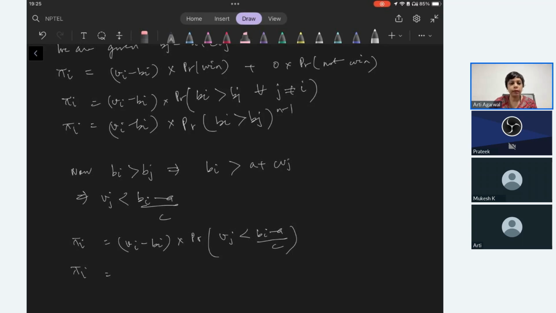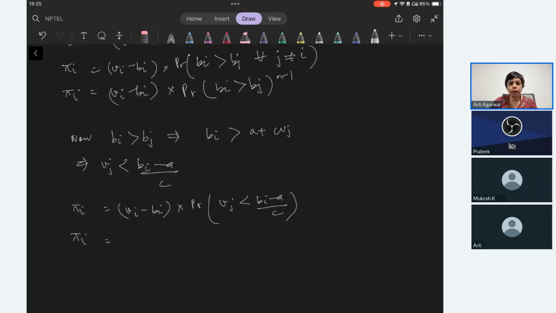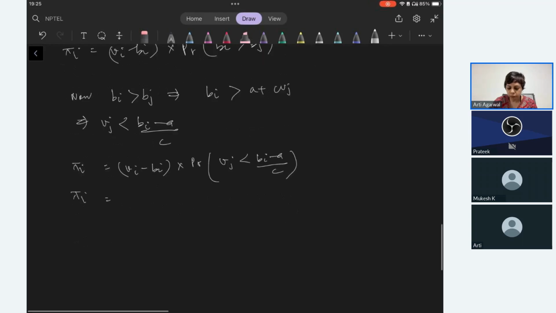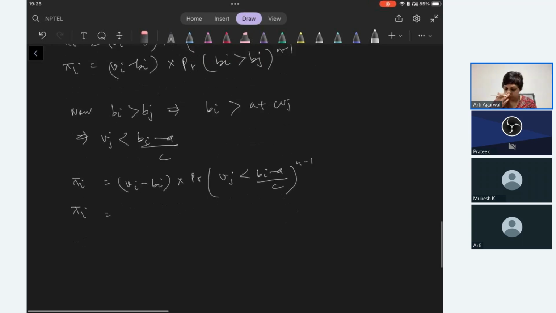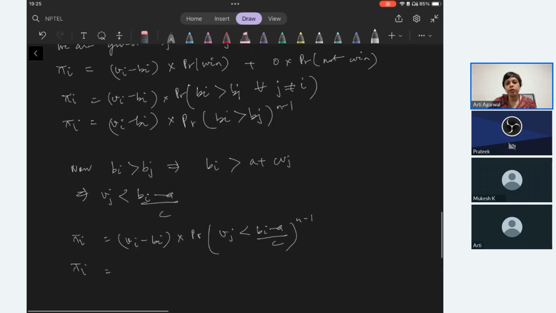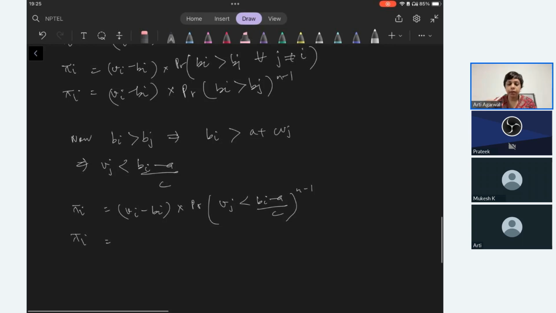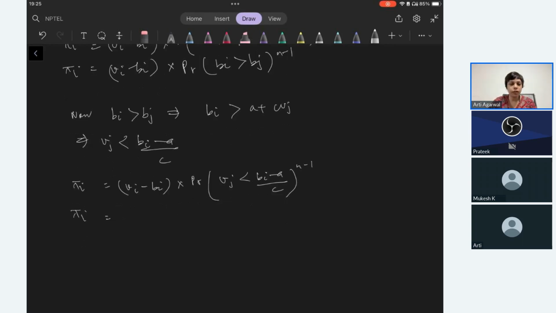Is that clear? I don't know if I've explained it properly. So this also becomes the same thing, because we are talking about identical players, right? So j here represents any one of the players, 1, 2, 3, 4, 5, whatever, as long as it is not i. This is an expression, not one number.